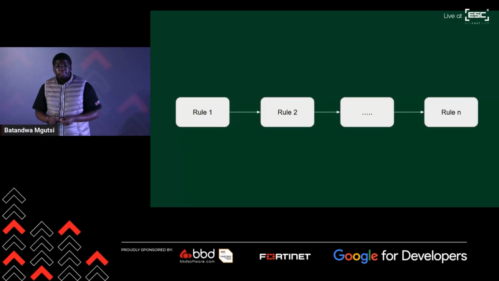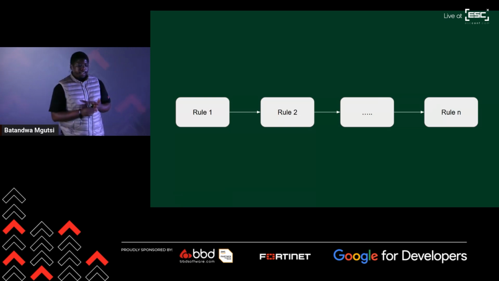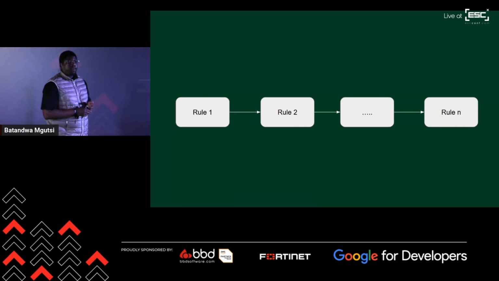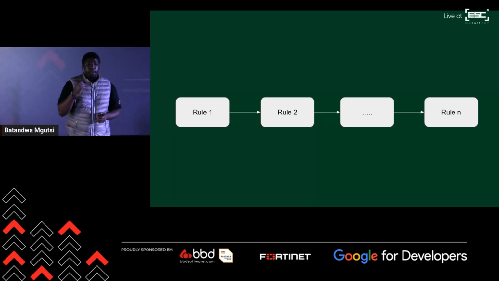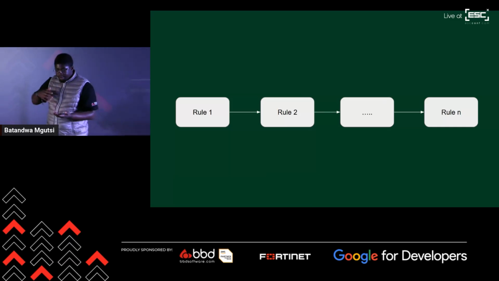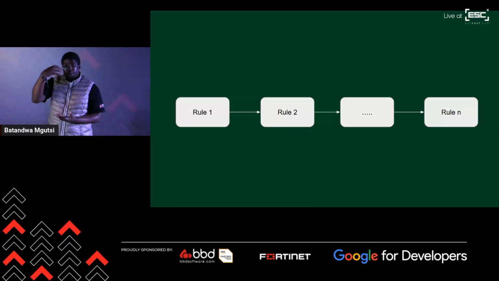Now, there are multiple ways to build a semantic analyzer. How I did it is by implementing something called a pipe and filter pattern, where a filter is a semantic rule that is applied on the AST. And because it's a pipe and filter, what's going to happen is that we're going to have rule 1 applied on the AST.